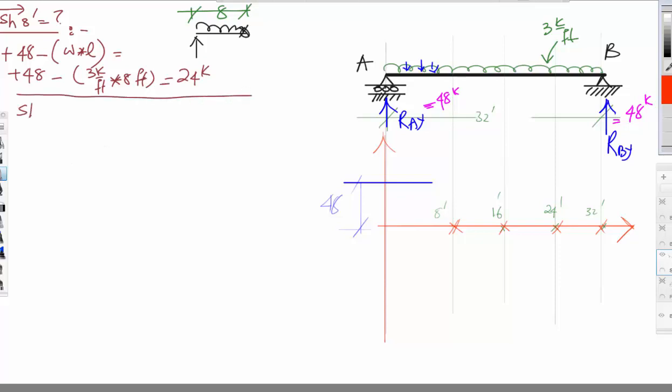So shear at a distance of 16 feet is equal to how much? We'll have again plus 48. If we do the sketch, it is very similar to this one.